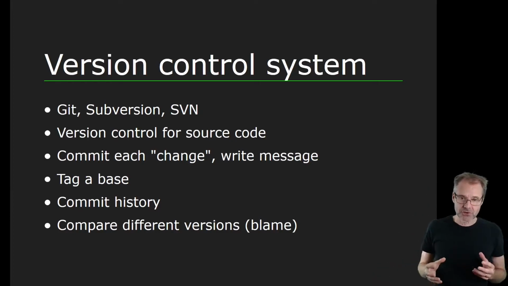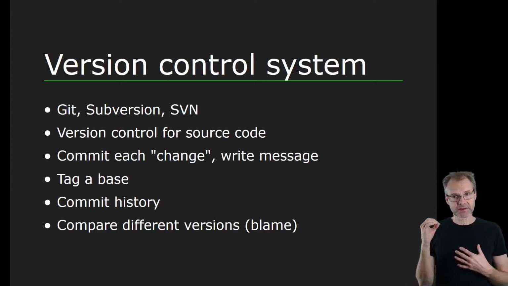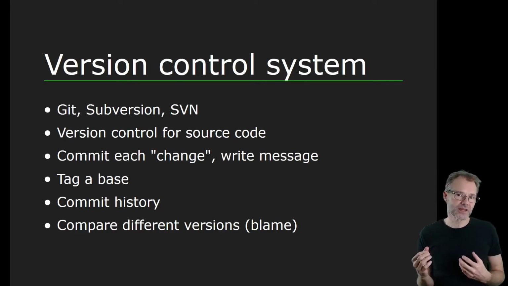Version control basically is a way to keep our code, well, what should I say? Well, it gives me code history. It gives me the opportunity to save each change in my code base. And I could go back in the history and see what I changed 1 year ago, 2 years ago.